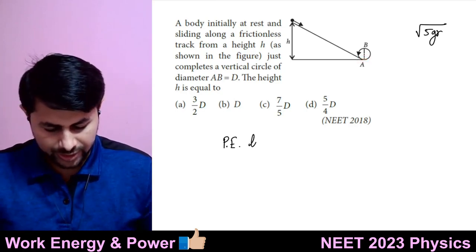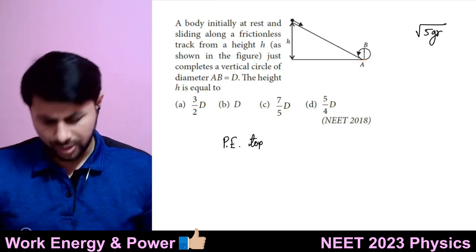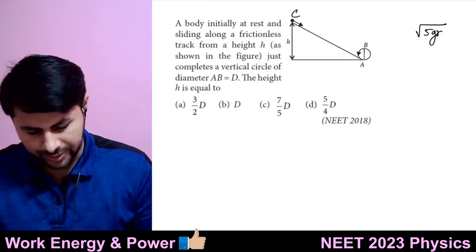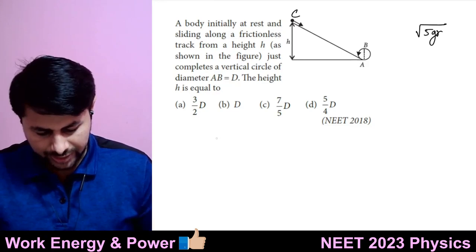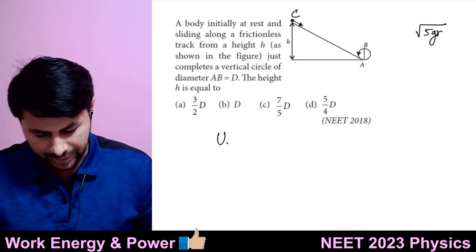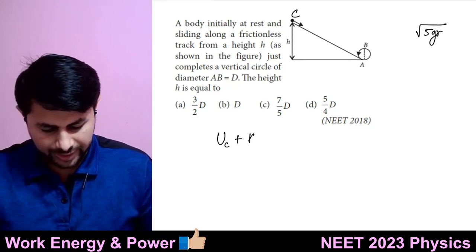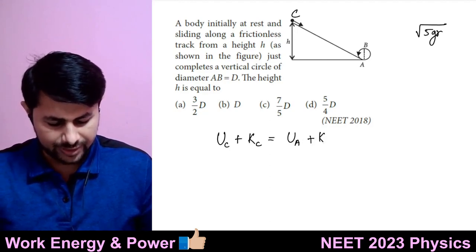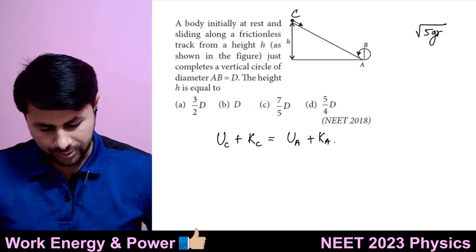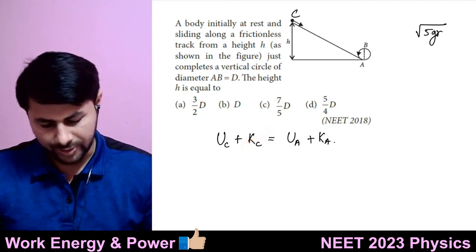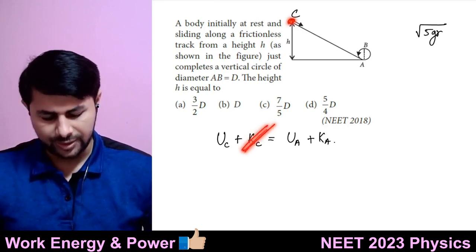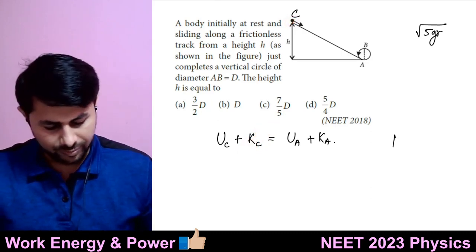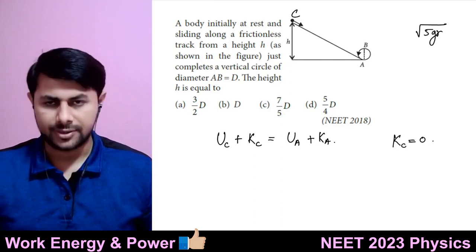Let's call the top point C. So potential energy at C plus kinetic energy at C is equal to U at A plus kinetic energy at A. It is released from this point, so it has no kinetic energy; Kc is equal to 0 because it is just released.